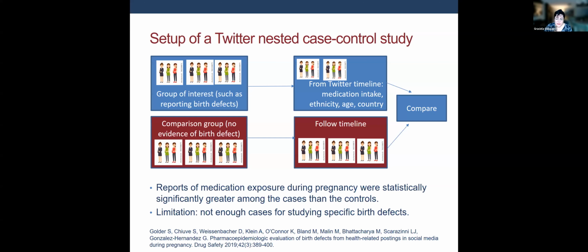We didn't have enough cases for studying specific birth defects, but in general, we had enough to find a statistical significance in cases and controls. We're not claiming causality, so we're not saying this is the case. It might be that because there were underlying conditions, they're taking more medications and also had birth defects, not because of the drugs. So that will require some further study.